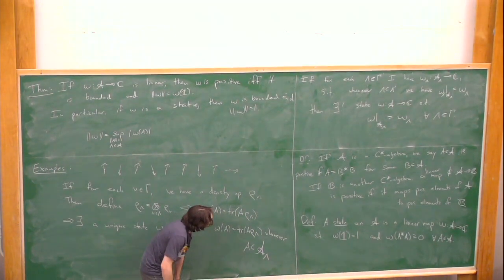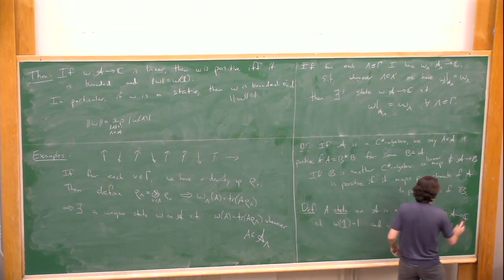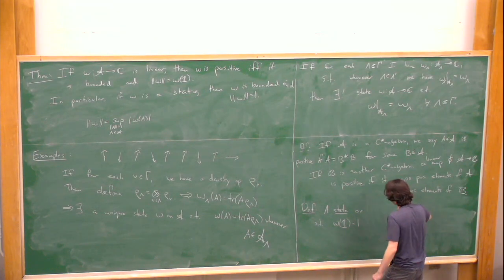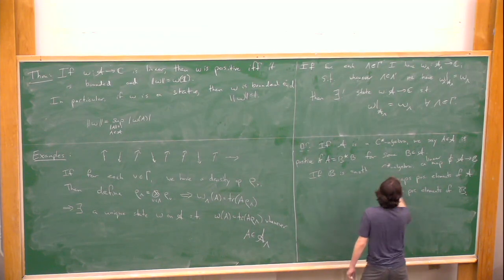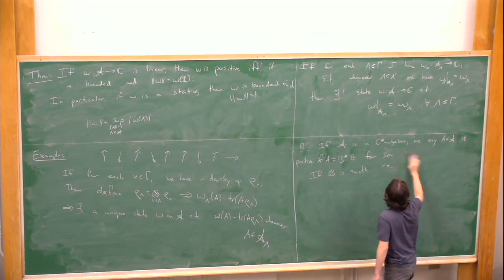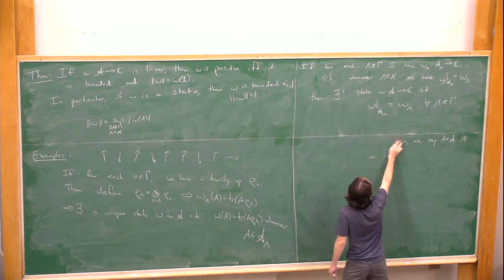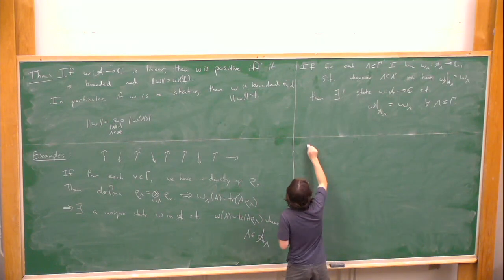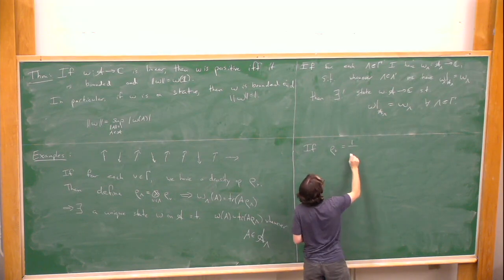I'll erase that a little bit. So a particularly interesting example is if we take each rho v to be the identity matrix, normalized.